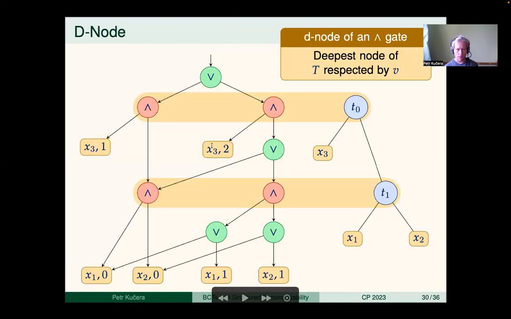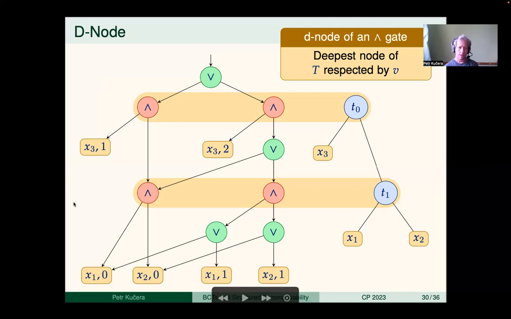And the idea is that now if you look at this picture, it's useful to look at this in terms of certificates. So basically, if this circuit should evaluate to true, then we have some gates that evaluate to true. In particular, the root must evaluate to true. Then there are some gates that do not evaluate to true with a given assignment.